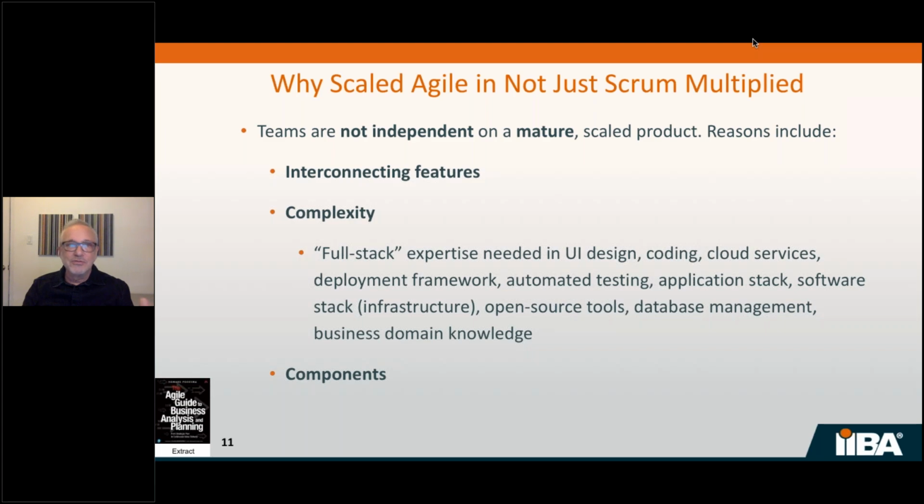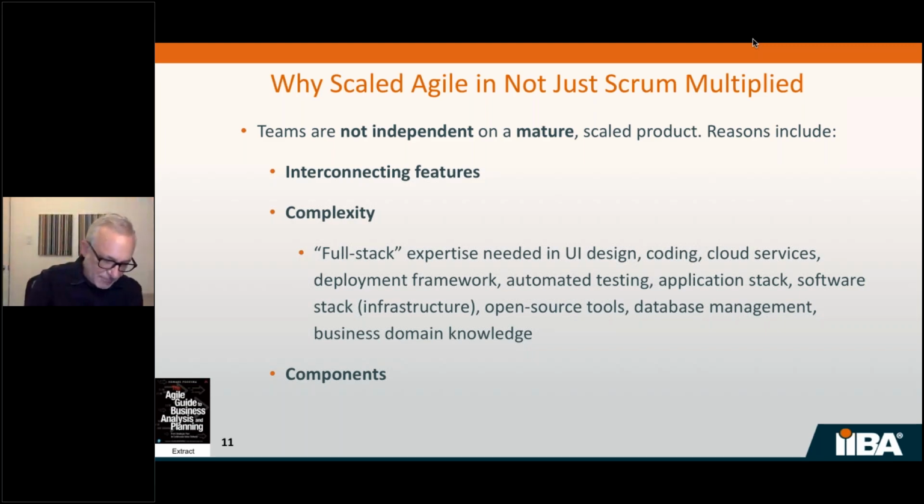So, for example, you will see later on that we organize teams by sub-products or areas of the product that they work on. In theory, they should contain all of the expertise. And if that were true, we wouldn't need to coordinate between teams, because every team would have all the capabilities they need to get value out, in other words, to produce working software.